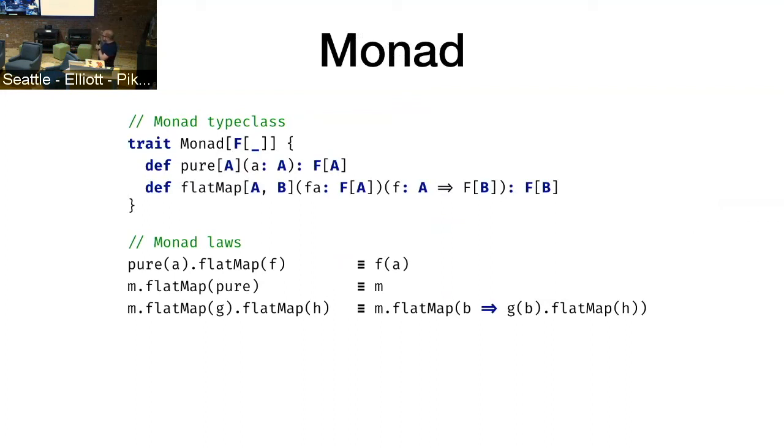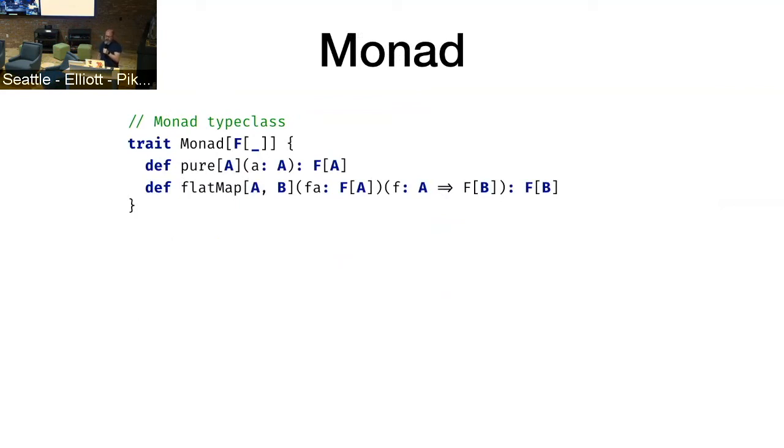You actually have to prove that these laws hold. And both CATS and ScalaZ provide some really cool machinery for doing these proofs automatically and for running a huge number of tests against your data to establish that your monad instance is probably lawful. So you got to do it. Very important point.